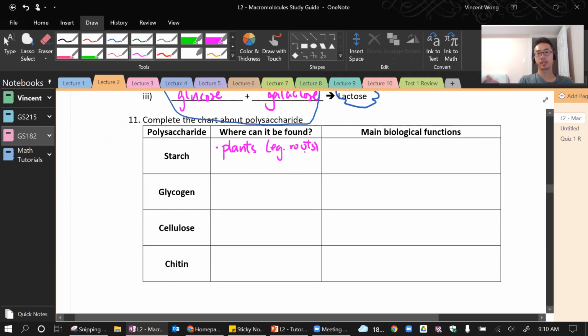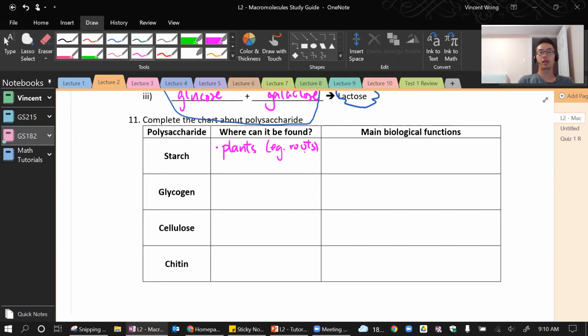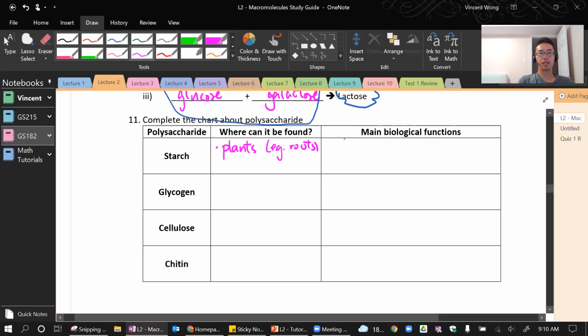Potato is part of the roots of a plant, and they store all the starch there, supposedly for the plant to use later on, but of course we harvest it and eat it. So the main purpose of starch is as a storage form of energy in plants.